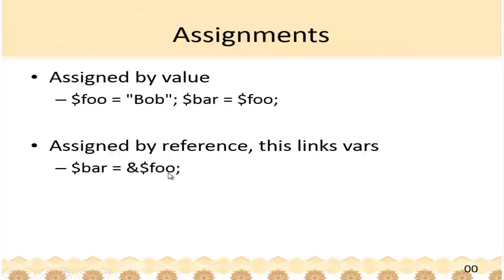You might have seen it in your C programming language, and somebody might have told you that this is how you create pointers and so on and so forth. We don't have a notion of pointers, fortunately, in PHP, and this just means that both of them are pointing to the same value. Both are pointing to the same value.